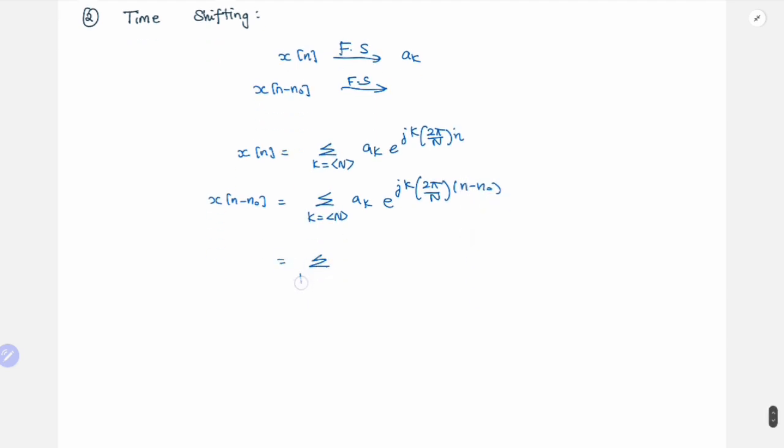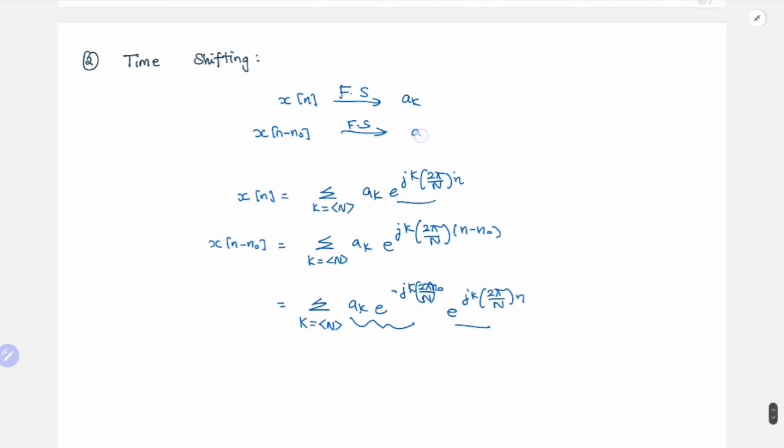So now I can write this as summation k over N of a_k e^(minus jk(2π/N)n0) e^(jk(2π/N)n). So this is like the Fourier series coefficient of x[n minus n0], because these are all similar, correct? So it will be a_k e^(minus jk(2π/N)n0). So it is just like a phase shift in the Fourier series domain.